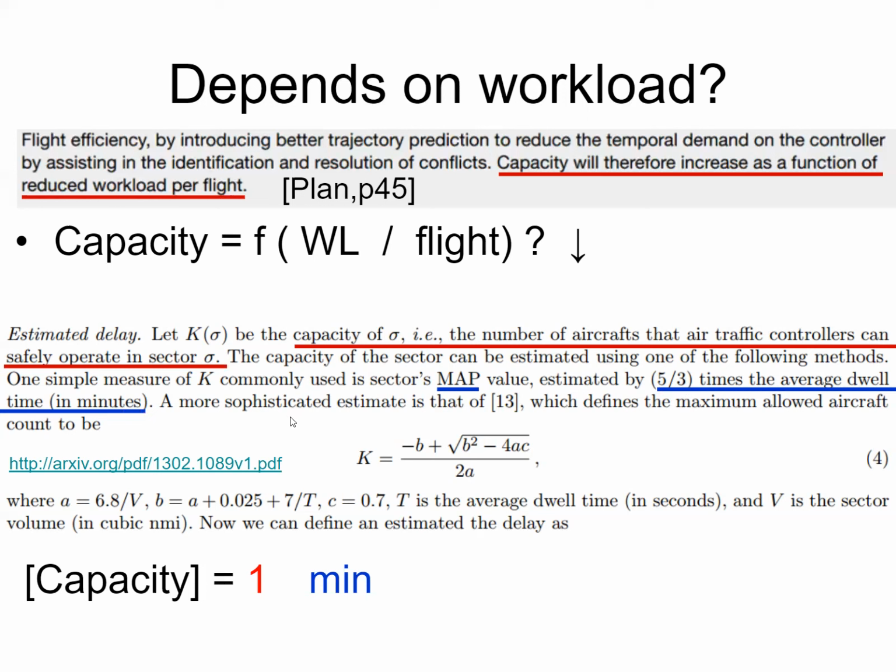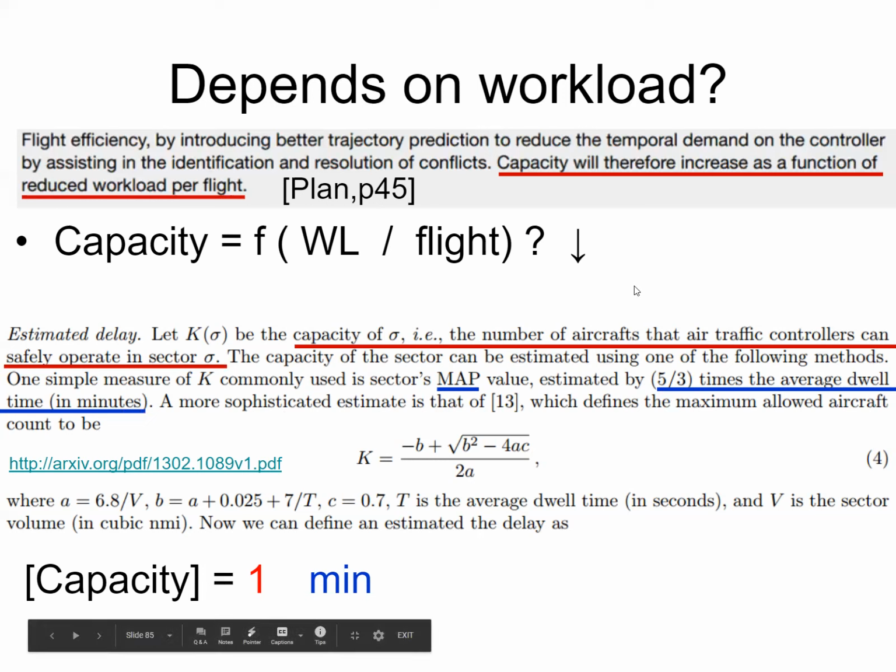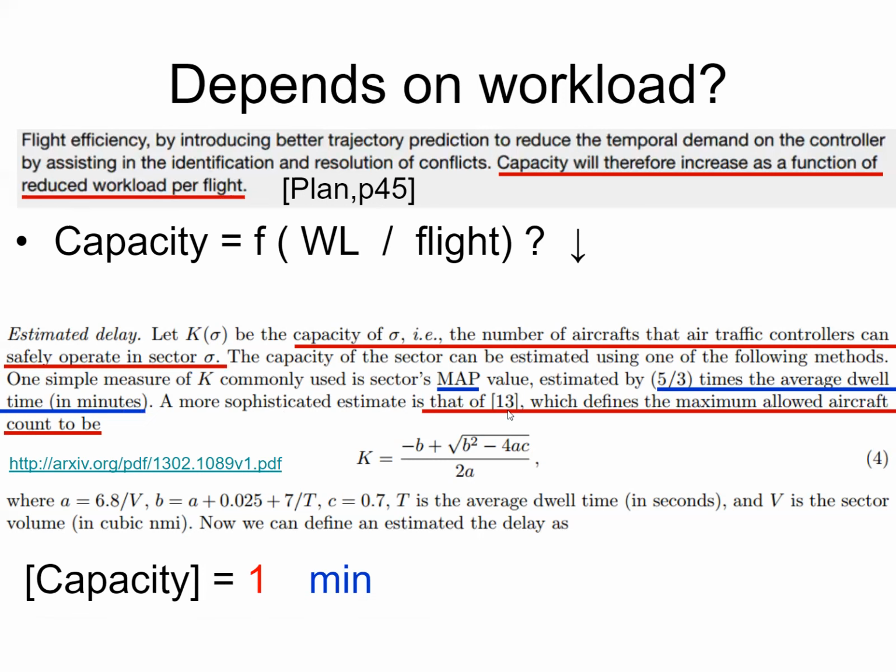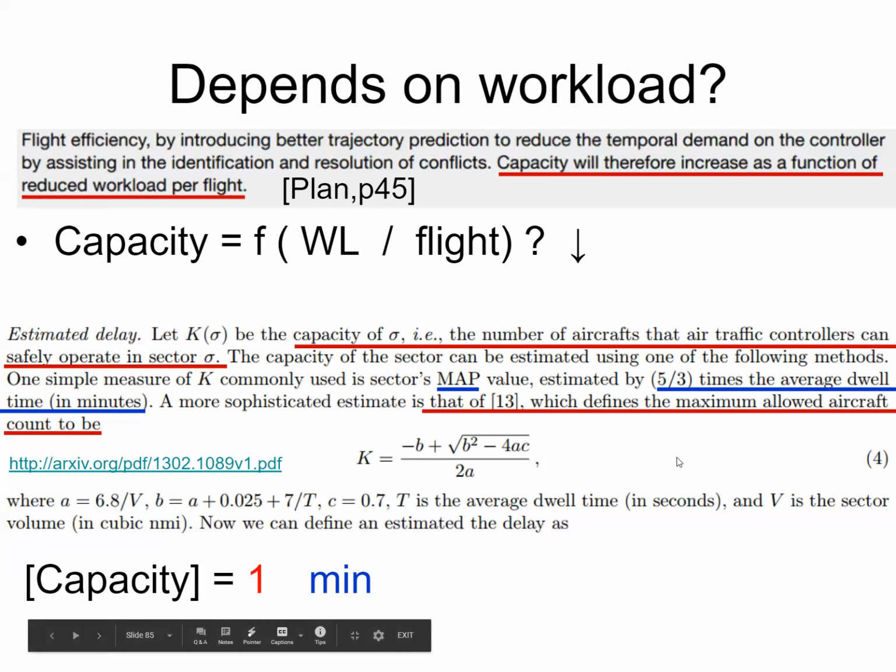But anyway, the capacity, we're not even talking about the definition of capacity. We're just trying to understand what are the units of measurement. And it can be just a number, or it can be a minute. And again, in the same paragraph, they cite another source that defines the capacity as the maximum allowed aircraft. But again, the aircraft count, coming back to defining the capacity as a number. So is it defined in numbers?